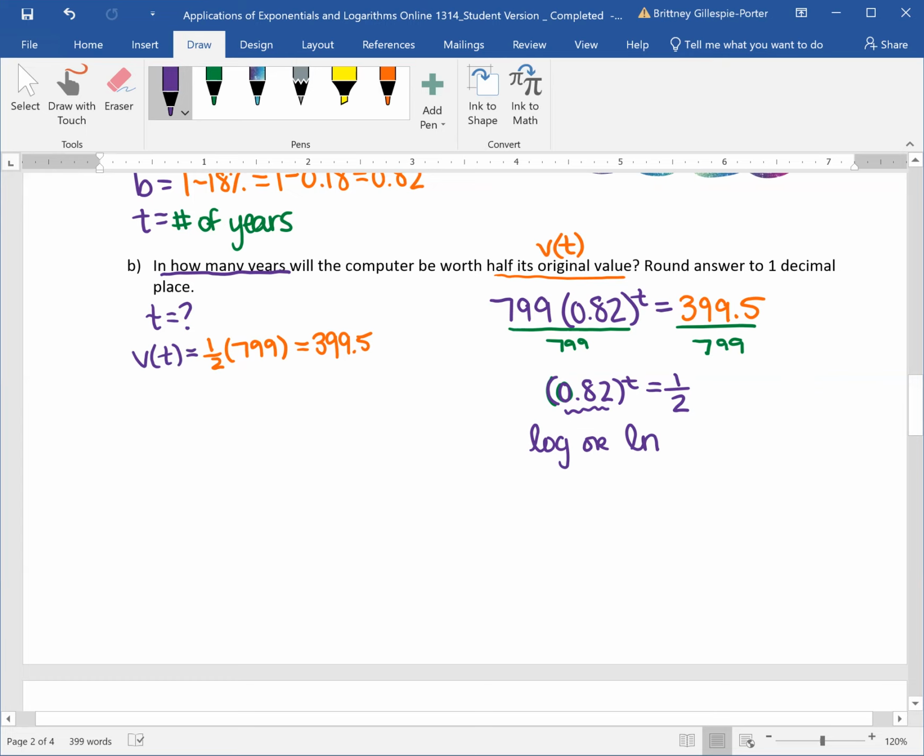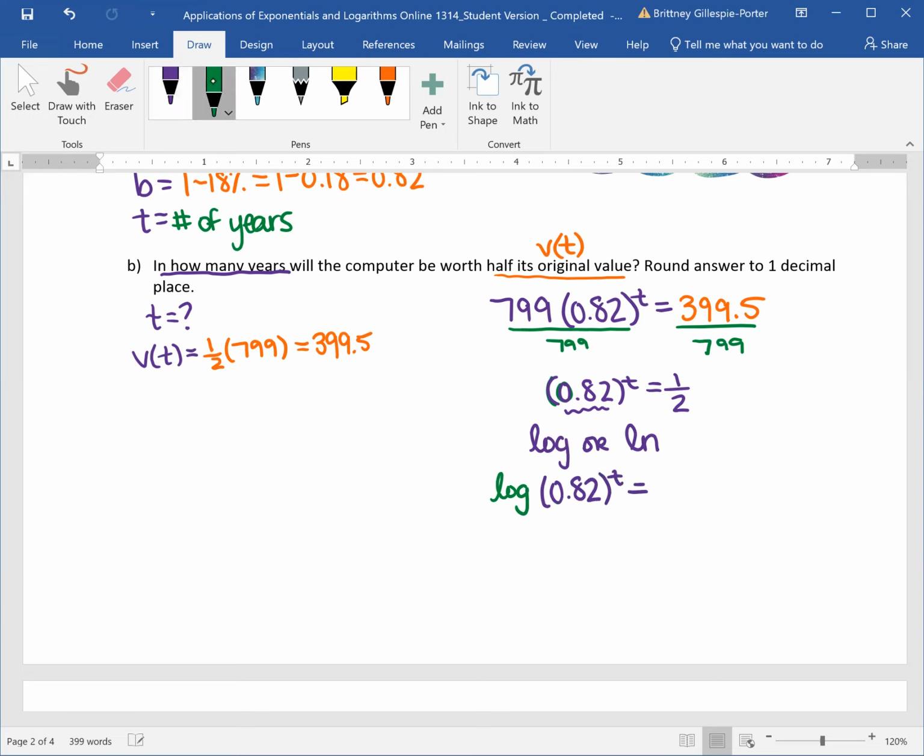If it was base E, we would use natural log. Here, doesn't matter, you can use whichever one you want. Typically, I like natural log, but this time I'll use regular log. Just so if you're watching my other videos, you are seeing that we have multiple ways to these problems. Does not matter which log you use, even though you will wind up having a preference.